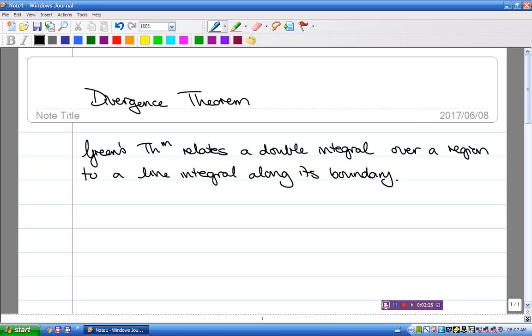Okay, you know that. Stokes' theorem, very similar. Stokes' theorem relates not a double integral but a surface integral.